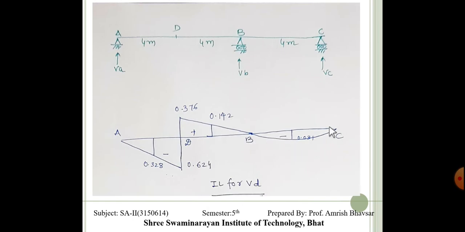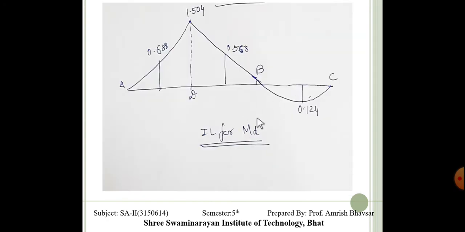So this is our influence line diagram for the shear VD. Clear? Now for the diagram of bending, we have the value, and that is somewhere over here, and plot it like this. So this is our case of influence line diagram for indeterminate structure.